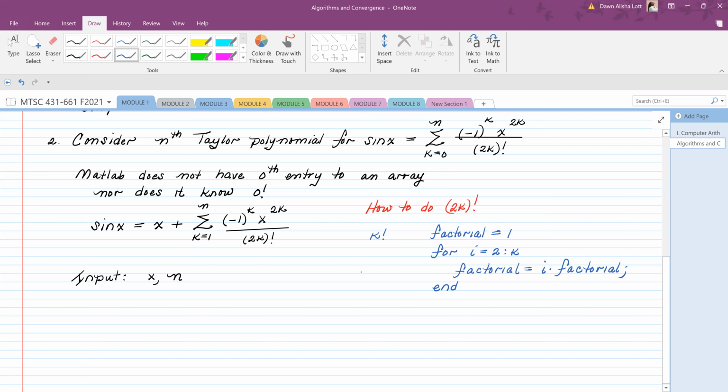But if k is 3, then we would have 3 multiplying the 2 that we already got, which would give us 3 times 2, and then we would come back around. So in order to do this each time, we would multiply by the one before, and then that would give us the factorial. Now, what happens with 2k factorial? What's the difference?